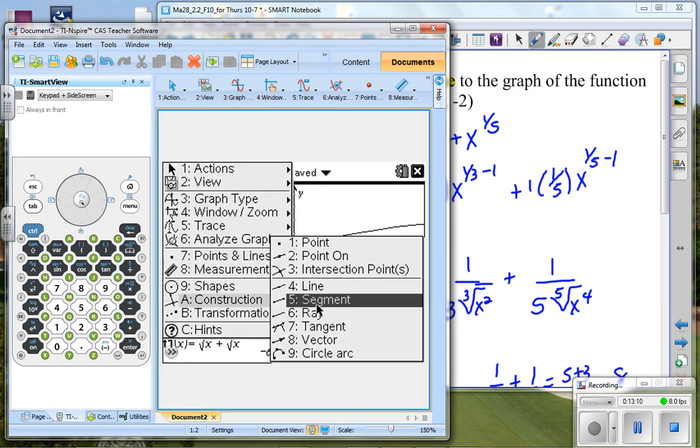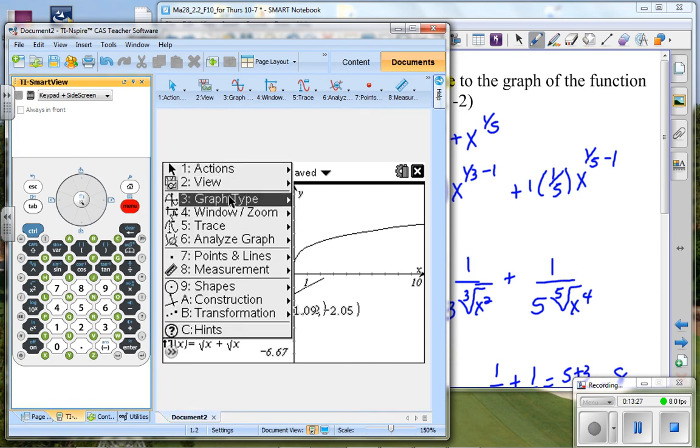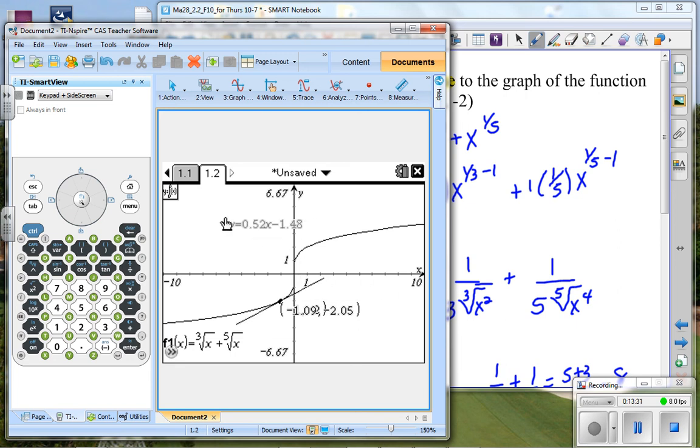I'm going to then put a line through those 2 points, and I'm going to bring this point really close to what we've got here. Now our answers may not be identical because of what we've had to do here, but if I go into Menu, Actions, Coordinates and Equations, and I look for that line, I'm going to get some kind of a line.